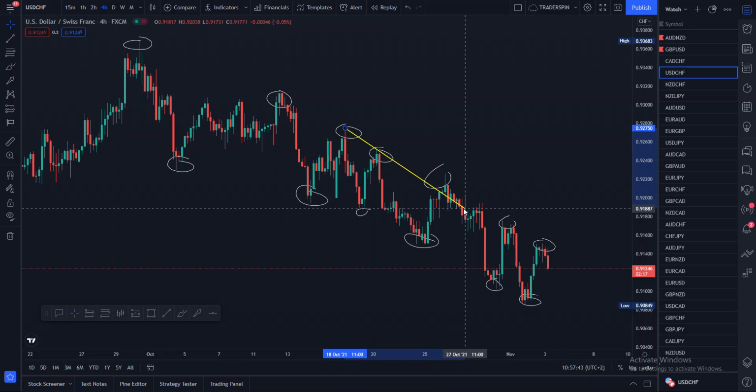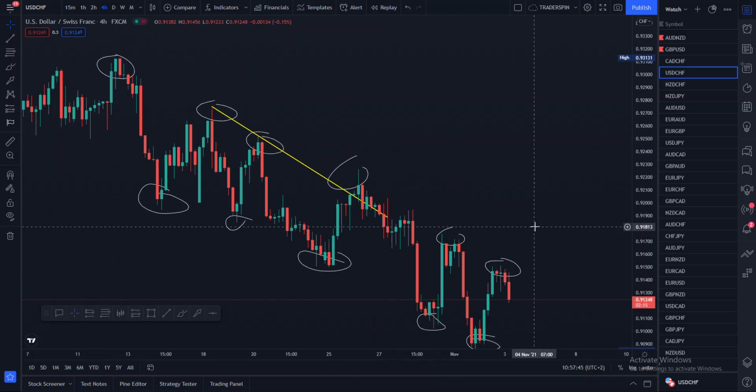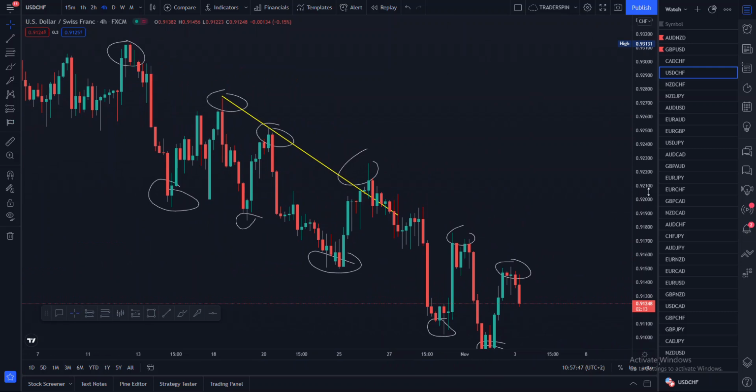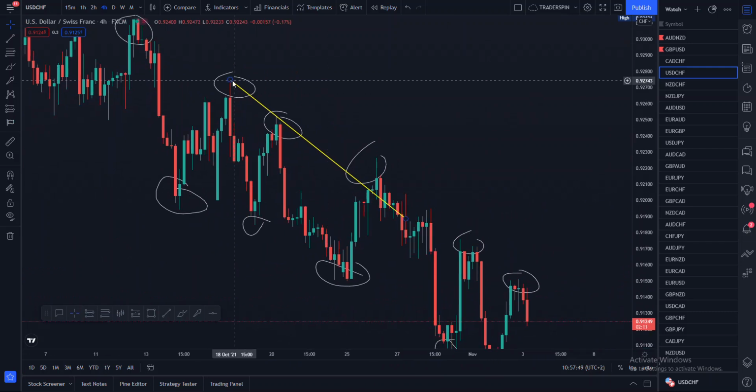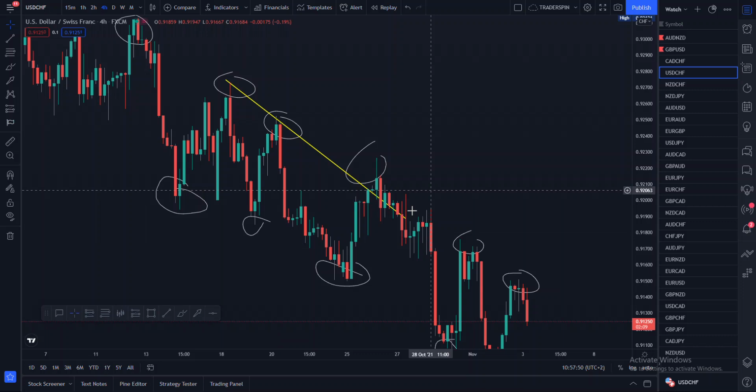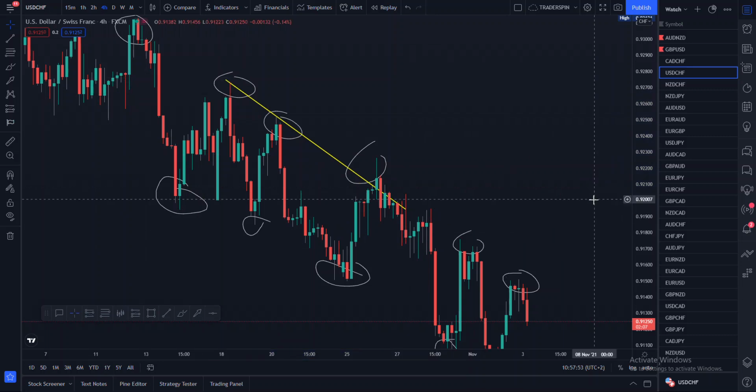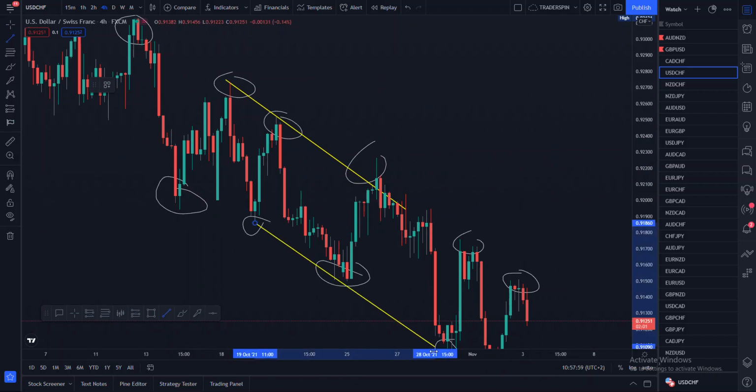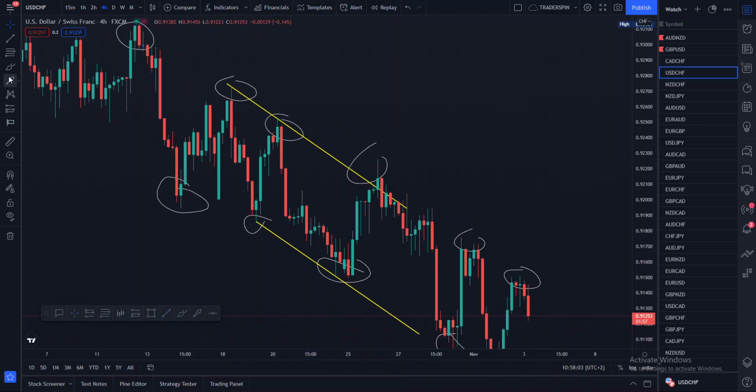And then your third touch has to come from your next lower high, right? We can see that. This is pure price action, guys. This is pure price action.